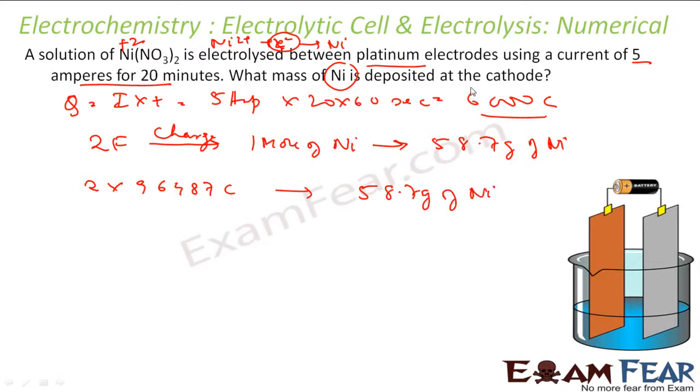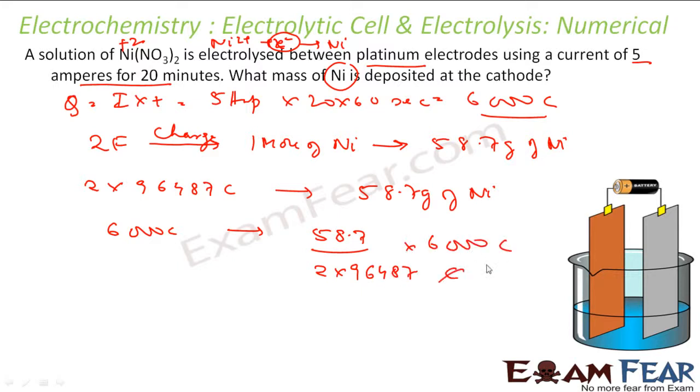How much charge do I have? 6000. So if 6000 coulomb charge, I'll be getting 58.7 by 2 into 96487 into 6000. Coulomb cancel, and this gram is there. Solve this, you get 1.825 grams. So 1.825 gram of nickel you will get if you connect this circuit for 20 minutes using 5 ampere current.